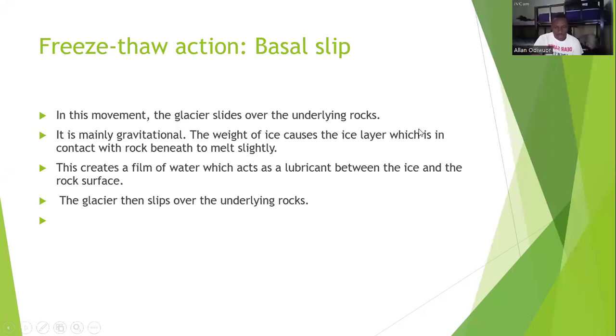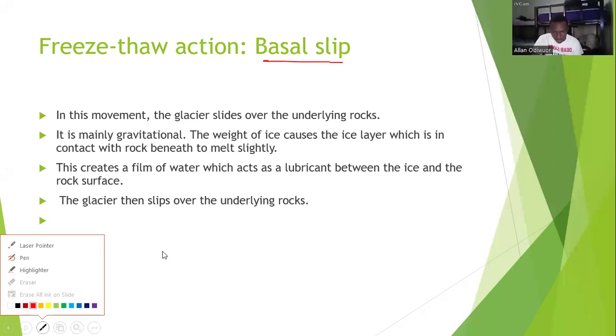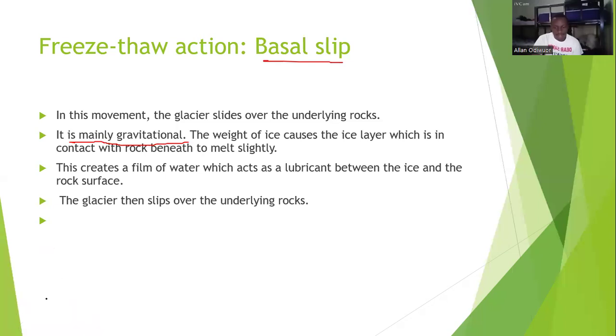So, under basal slip, in this movement, the glacier slides over the ground, which melts slightly.